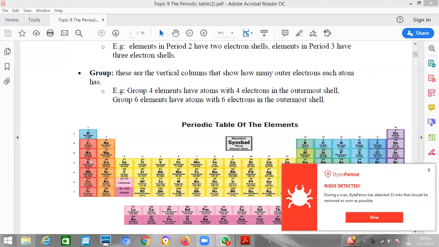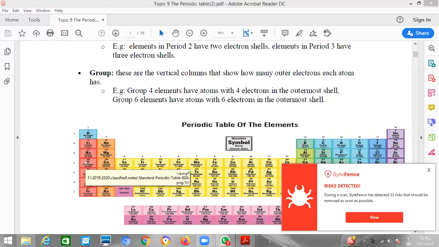How many orbits? Four. What does it mean in period number? Period number 4. Let's check. Here is potassium: period number 1, period number 2, period number 3, and here in period number 4.